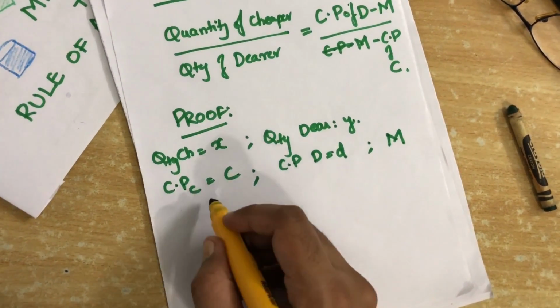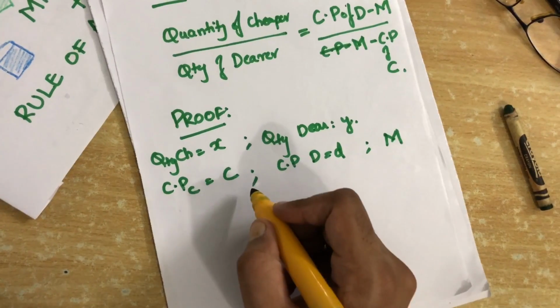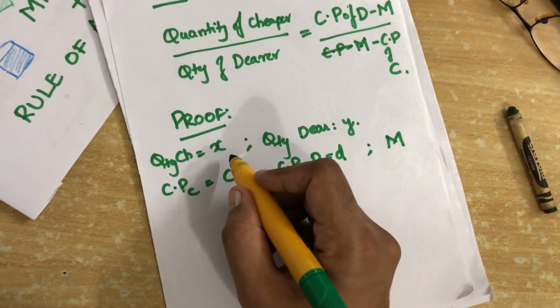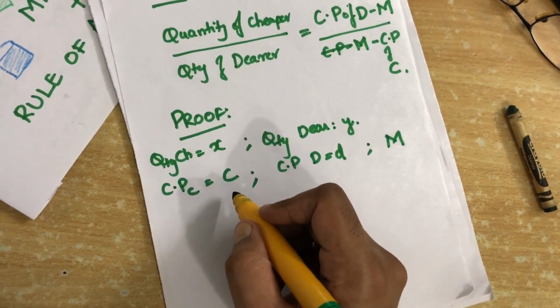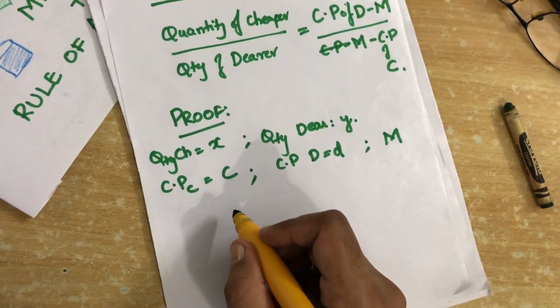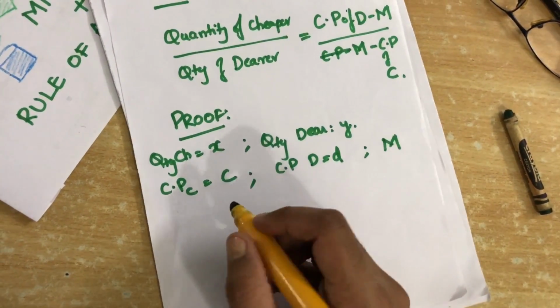So now, what I need is X by Y. So to prove this, I can do this, right?